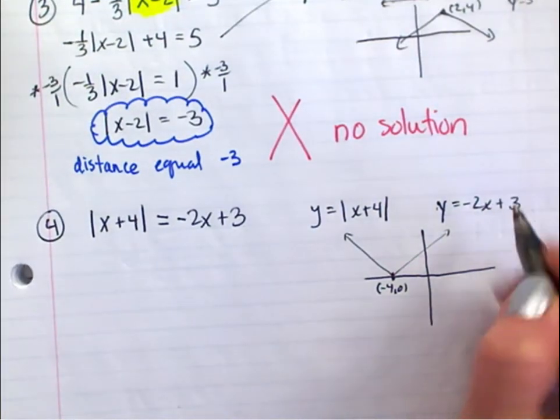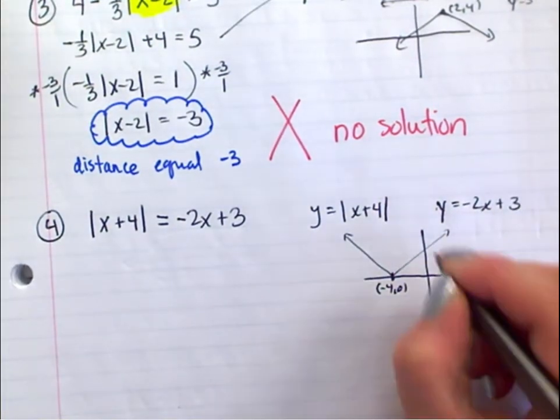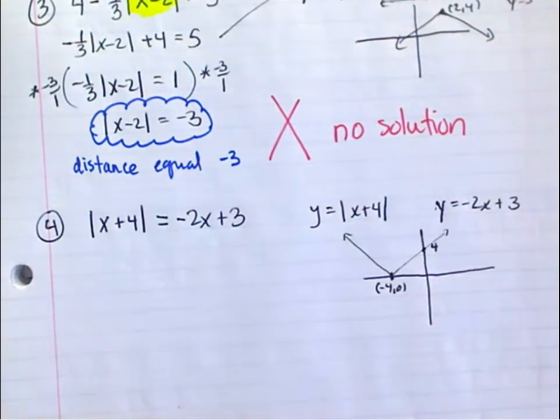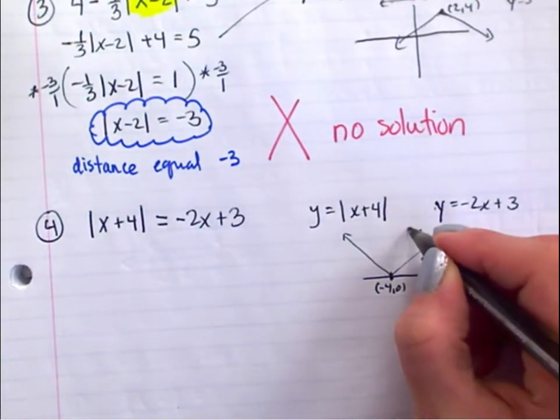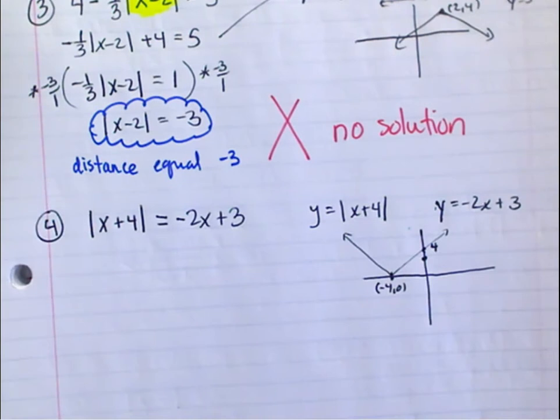Negative 2x plus 3. Okay, well, I'm pretty certain that that would be at 4, that y-intercept. It's a one slope, up 4 over 4. Okay, this would be here. Okay, try to get the relative steepness correct.